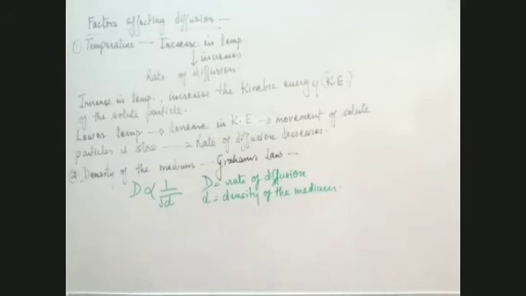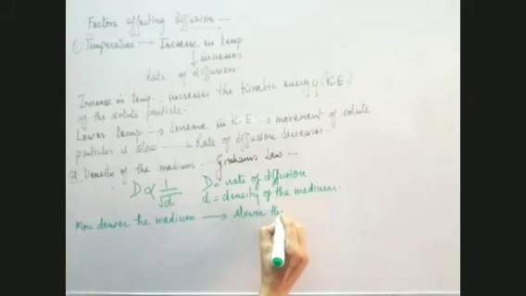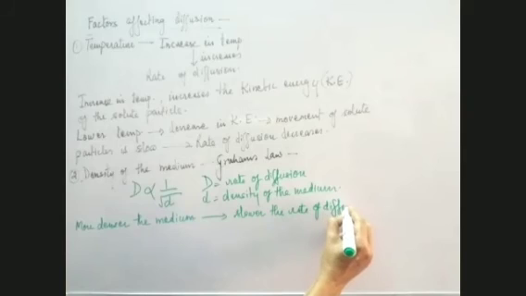And what Graham described, he said that denser is the medium, slower is the rate of diffusion. That means if the medium is denser, the slower the rate of diffusion.